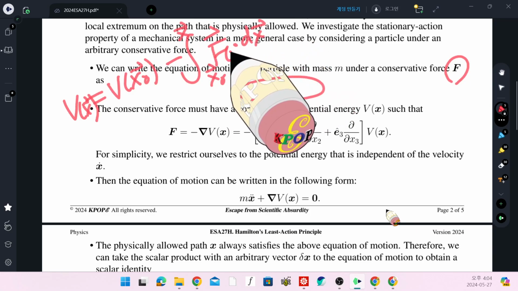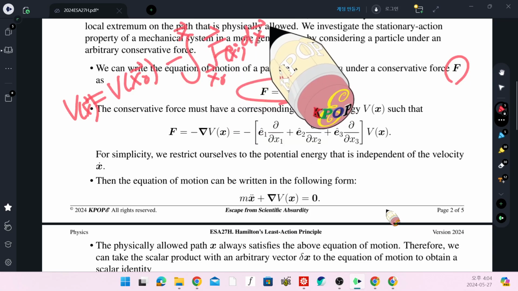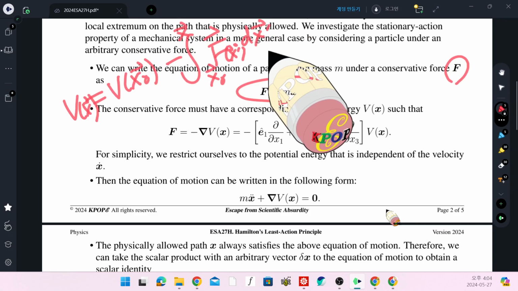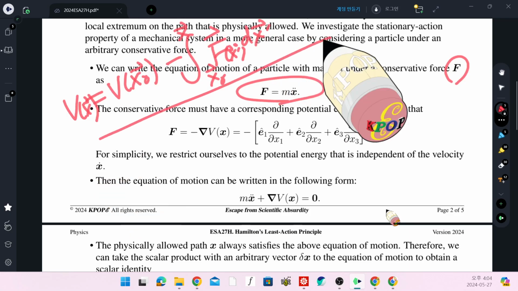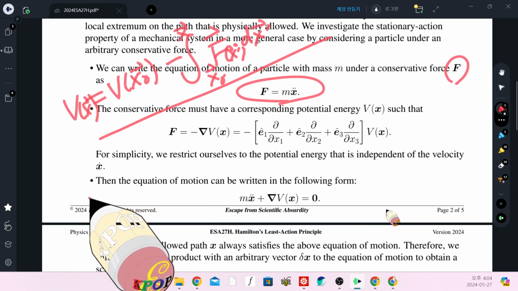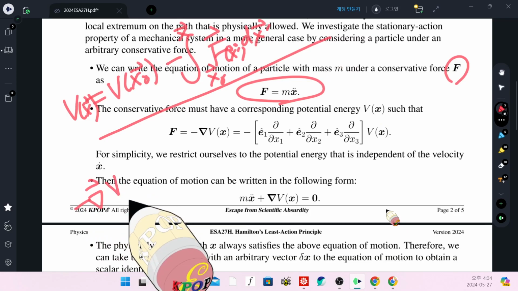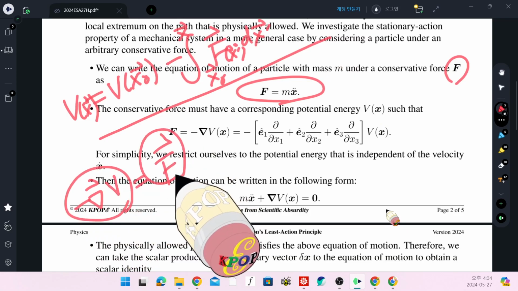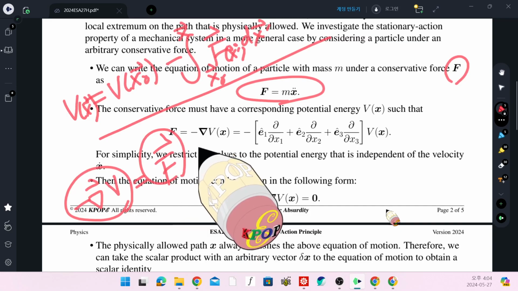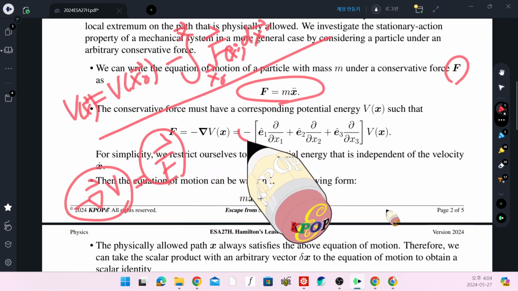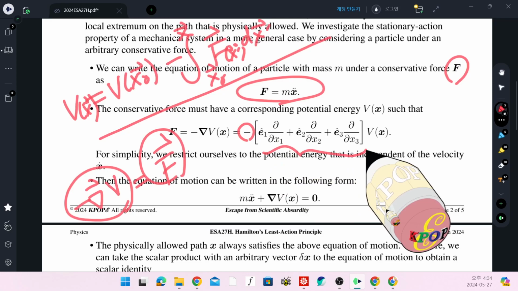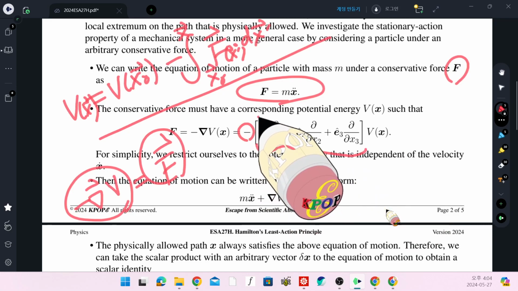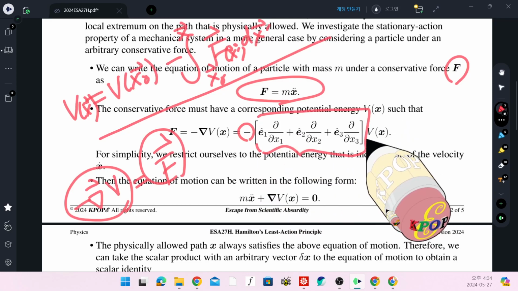So why don't we write x prime as an integral variable? Because the potential can be defined for a conservative force, we can take the negative gradient of the potential energy to find out the force. Negative gradient, the negative sign is here, and the gradient can be expressed in a simple form in the Cartesian coordinate system.